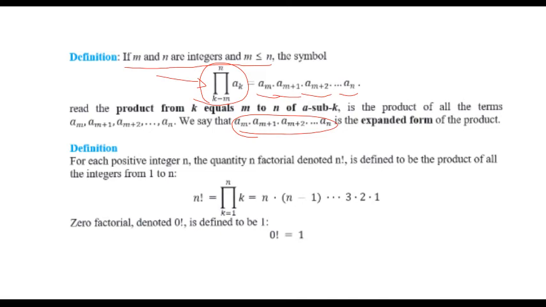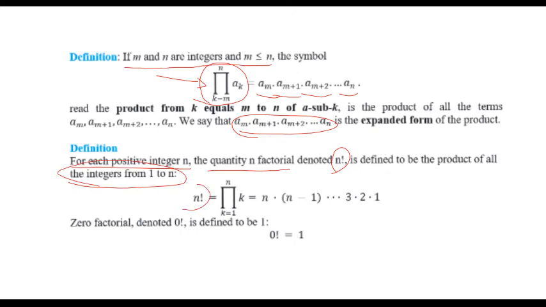So let's see another definition which utilizes the symbol that I just defined. We say for every positive integer n, the quantity n factorial is defined to be the product of all the integers from 1 to n, right?